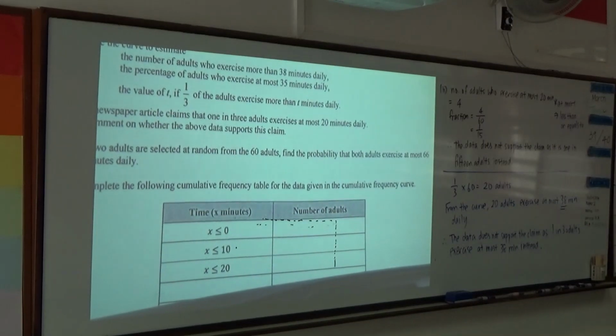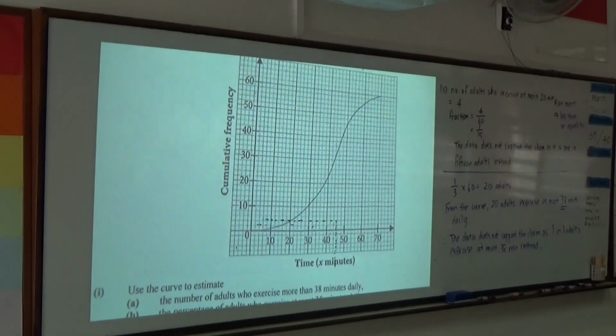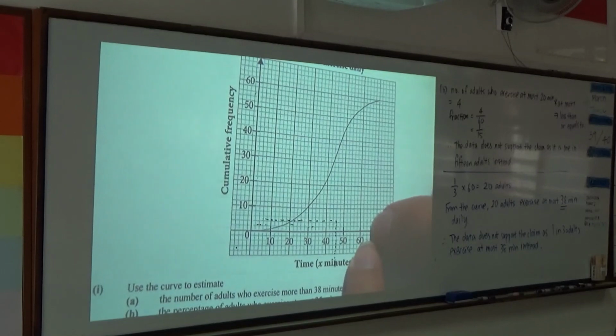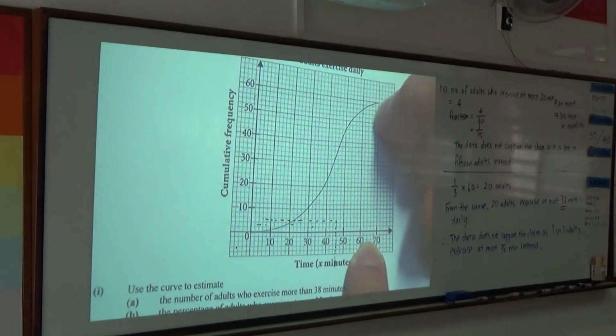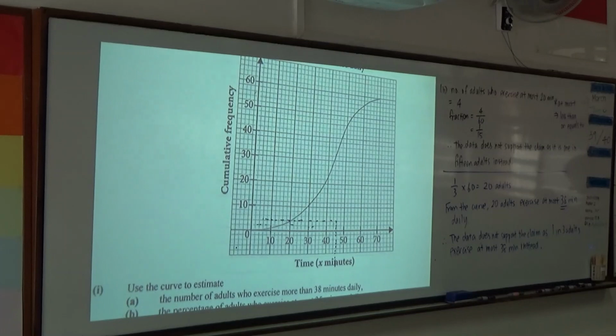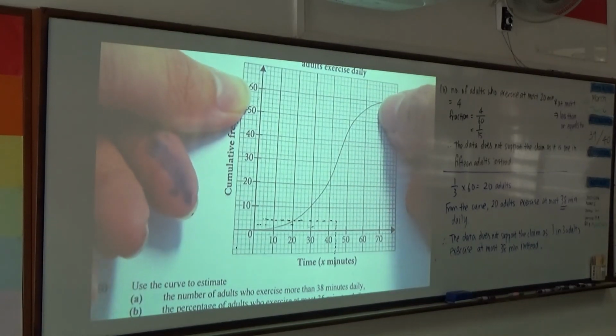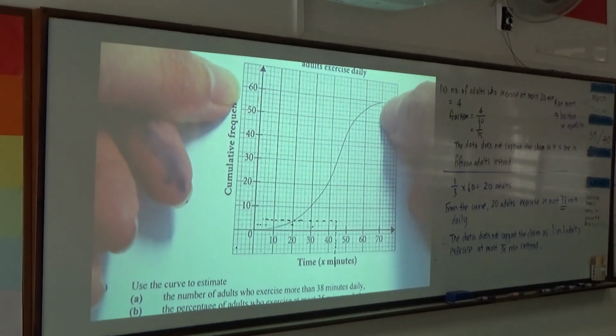Reading from the curve, at most 66 means less than or equal to 66, so we simply read it, and we find that it is about 59. So from the curve at 66, you will read that it is about 59. So actually there are 59 adults that exercise at most 66 minutes.